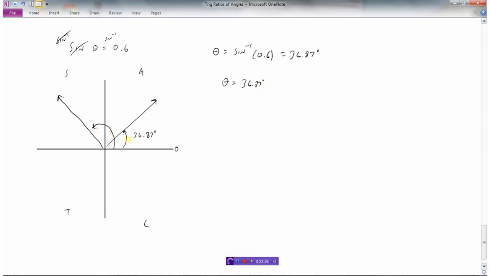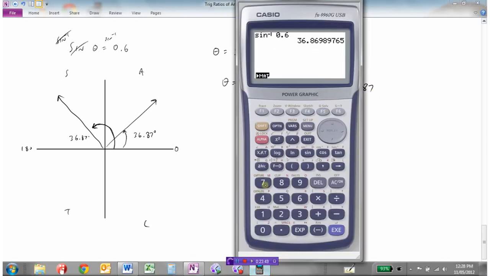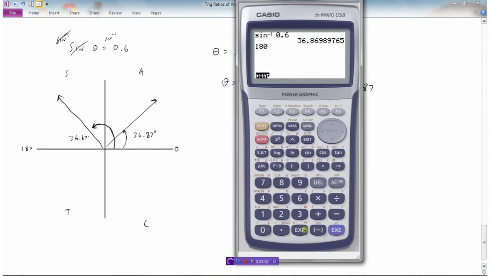Well, because the reference angle is 36.87, the reference angle over here will also be 36.87. And so if I want to find my second one here, I can say angle 2 is 180 degrees minus the 36.87. And for this, I'll go to the calculator. 180 minus answer.